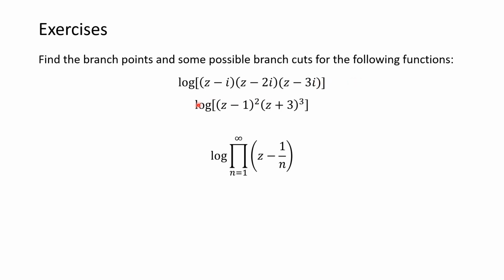Work with that. The second one can be written as the log of 2 times z minus 1 plus 3 times log of z plus 3. The third one is a bit hard because you have an infinite number of branch points and they approach 0, and that could be a bit complicated in terms of the analysis.